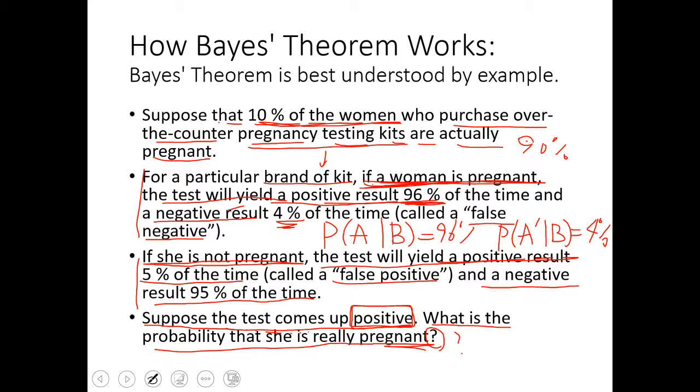And here, we can obtain that the probability of a positive result given this woman is not pregnant is 5%, and the probability of a negative result given she is not pregnant is 95%.